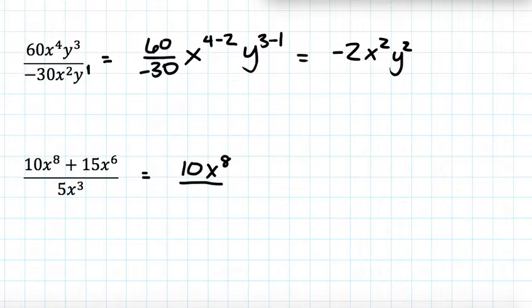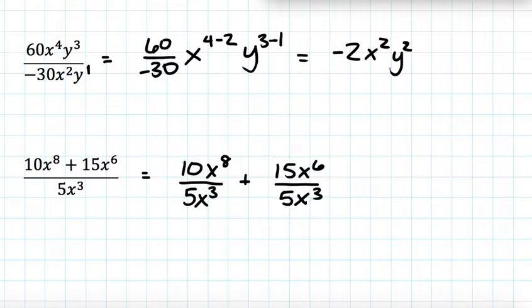So instead of combining into one fraction, I'm breaking it up into separate fractions. And so the denominator of each fraction is going to be the denominator 5x to the third. So each numerator is going to be written over the denominator 5x to the third.